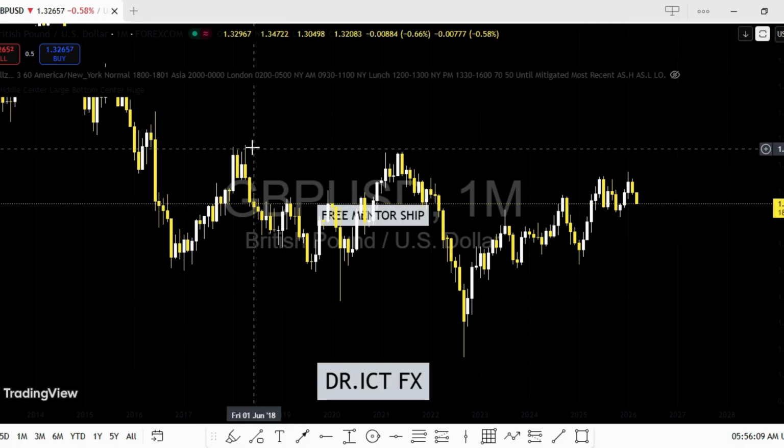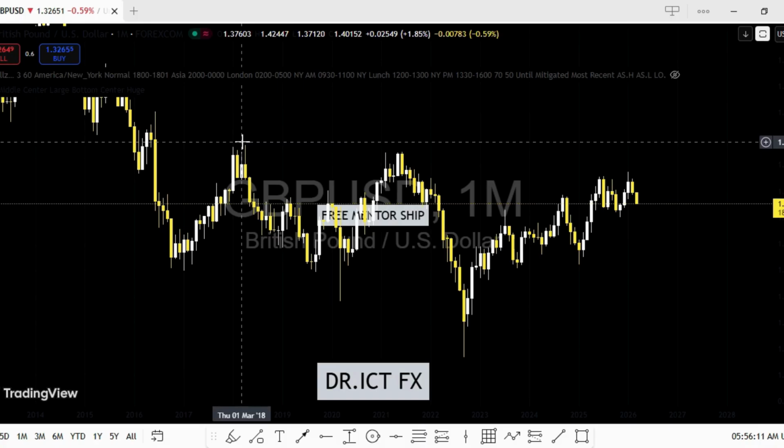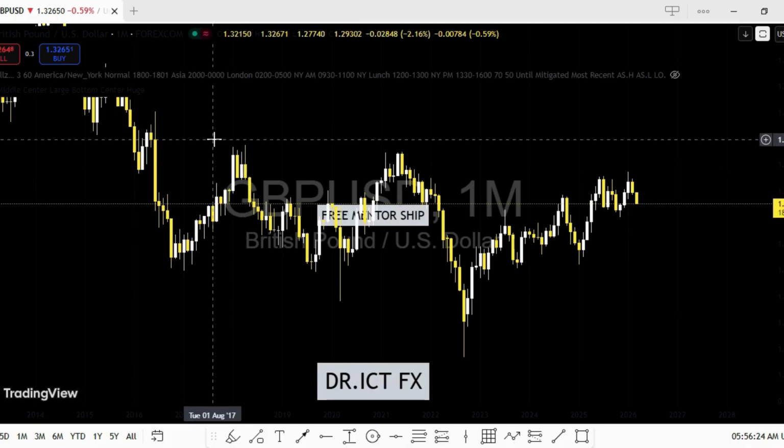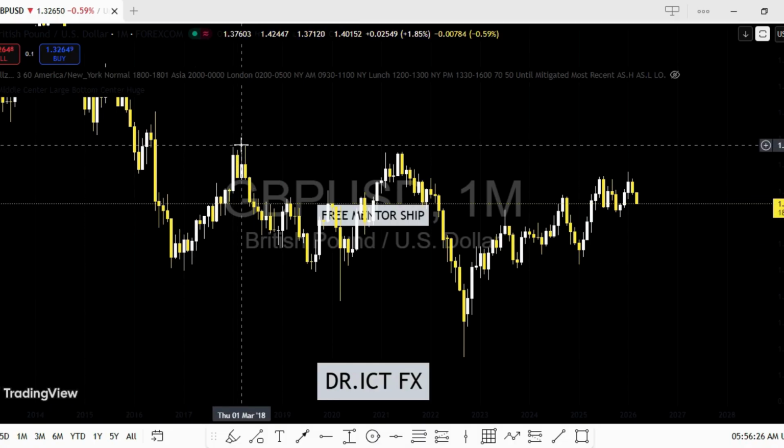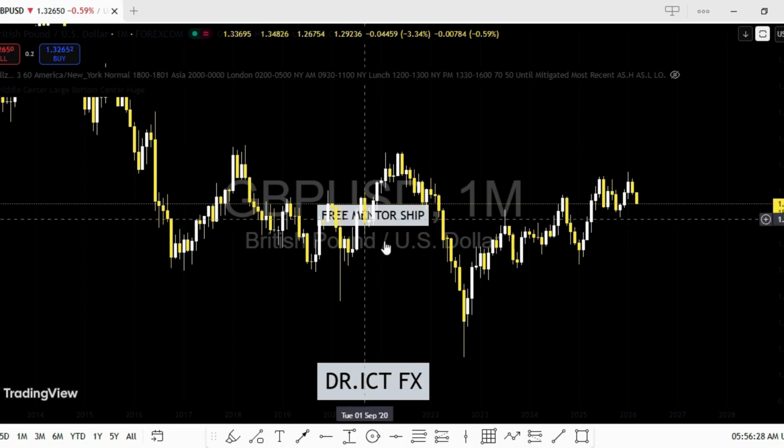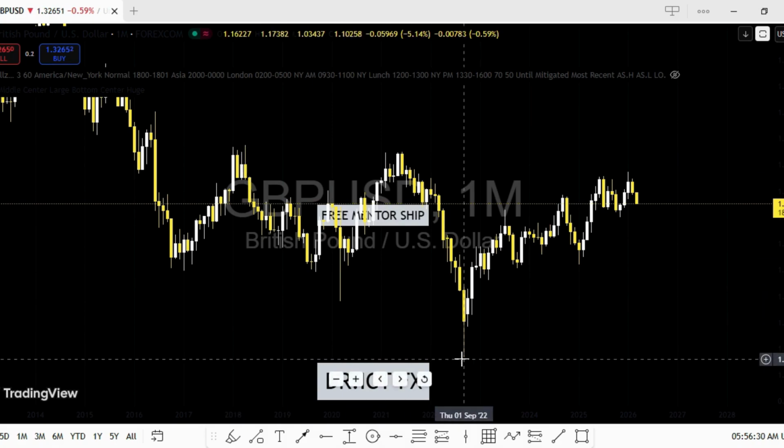I'm going to consider the monthly chart, and it is where I'm going to pick my dealing ranges. You can also consider a 1 hour or a daily for your dealing ranges, as I'm going to show. When I put back my annotations, I'll explain this is the dealing range high, and this is the dealing range low. Why?